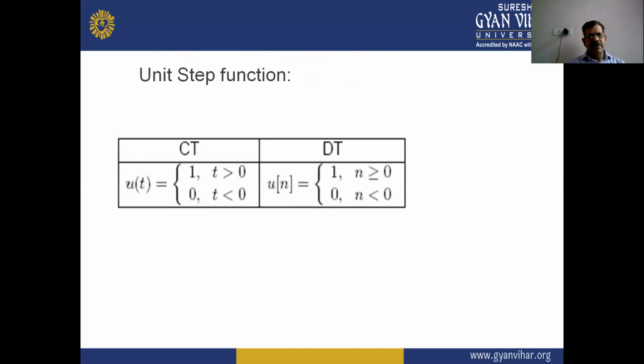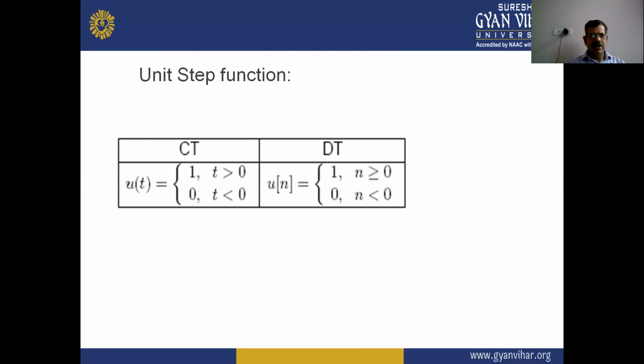First one is the unit step function. We represent the unit step function by u(t). u(t) = 1 when t is greater than 0, and u(t) = 0 when t is less than 0.